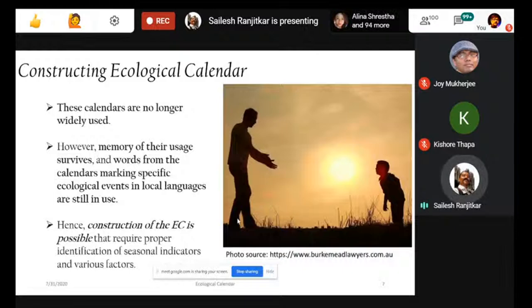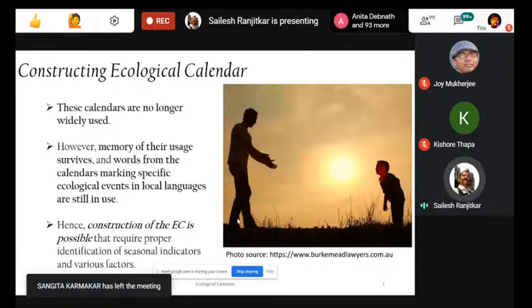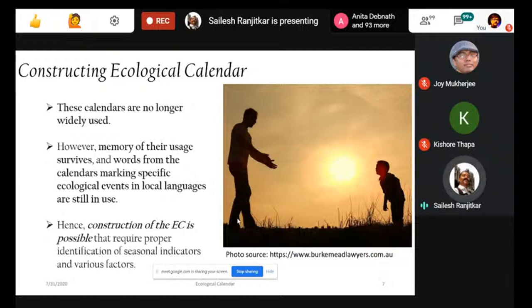The main thing is, these calendars are no longer widely used, because now we have a very good timekeeping system. We have modernized meteorological stations to inform about the climate and weather of a local area, and also there are a lot of agriculture services. But still, these calendars could be useful. That's why we focus on this ecological study.